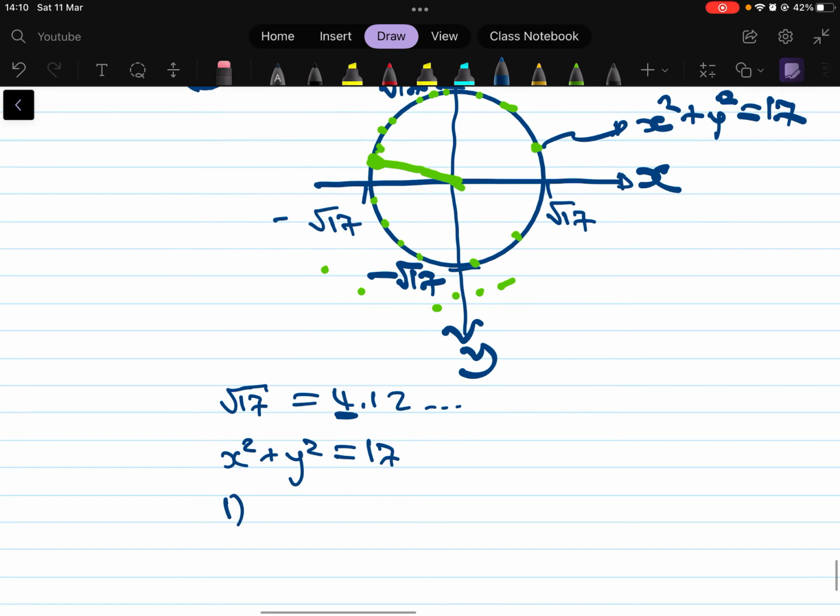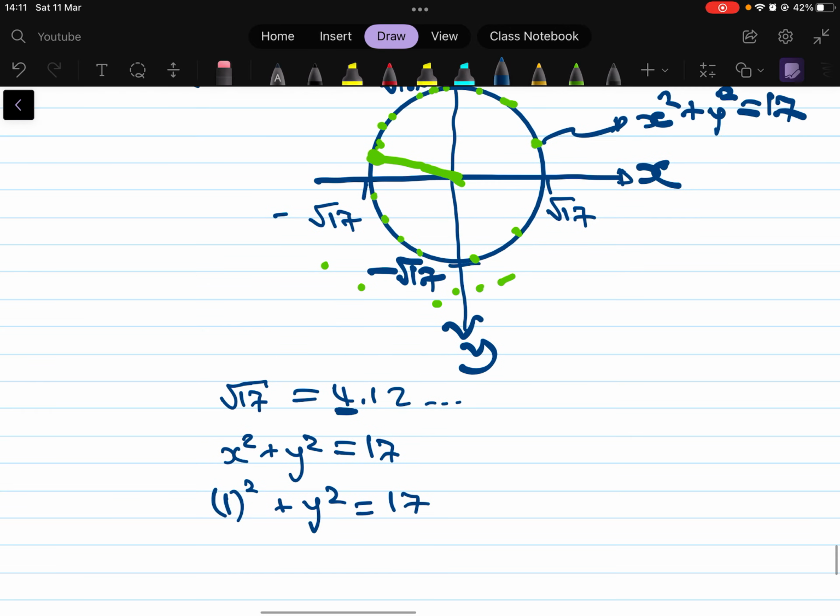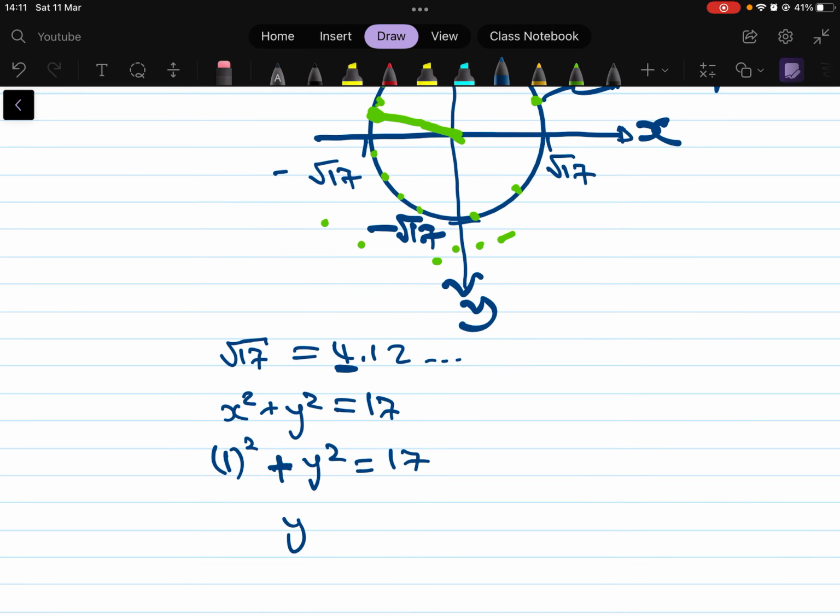Suppose we check with 1, we substitute there, we try to find its corresponding y value to see if it's also an integer, because the question is asking us to find another point which is still on the circle. We know that 1 is on the circle. It is an integer coordinate which is on the circle, but we have to find its corresponding y value and check if it's also an integer, because both x and y are supposed to be integers as we are instructed.